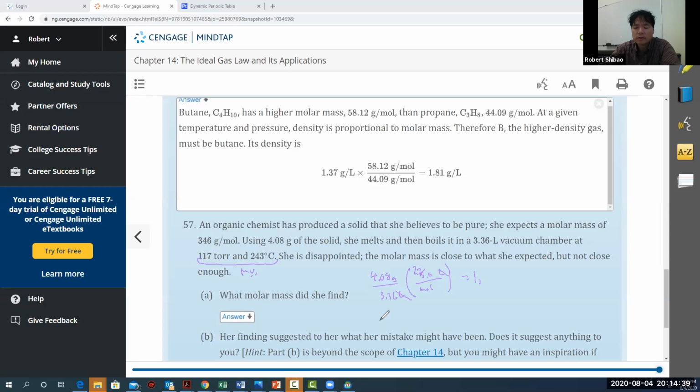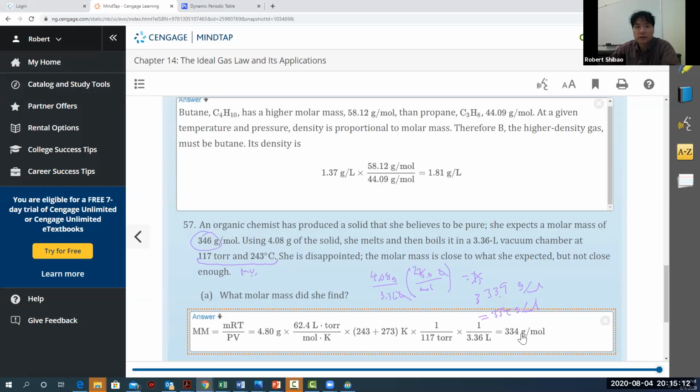Divided by 3.36, this gives us 333.9 grams per mole, which is 334 grams per mole. 334 grams per mole is off. They're expecting 346 grams per mole.